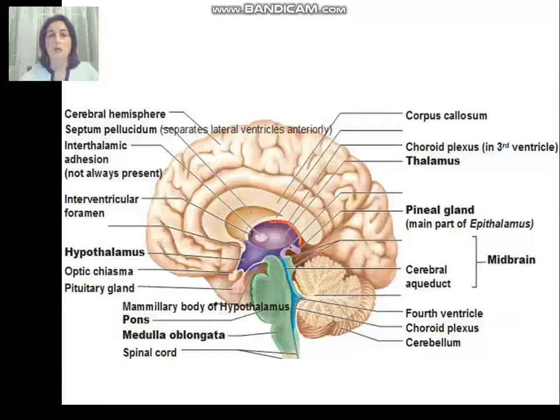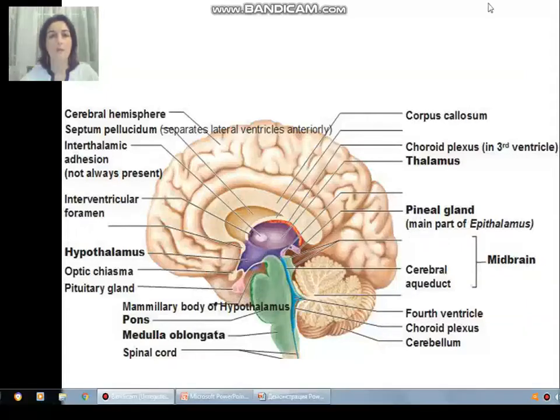The central organs of the endocrine system are the hypothalamus, which we know is part of the diencephalon, then the hypophysis or pituitary gland, and the pineal gland. The pineal gland is part of the epithalamus.